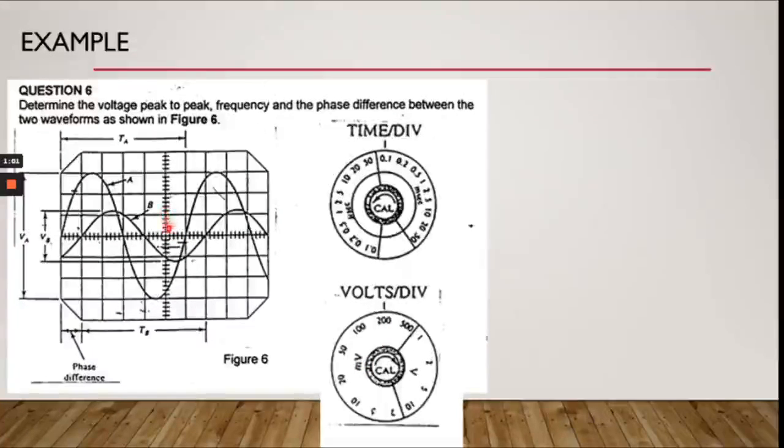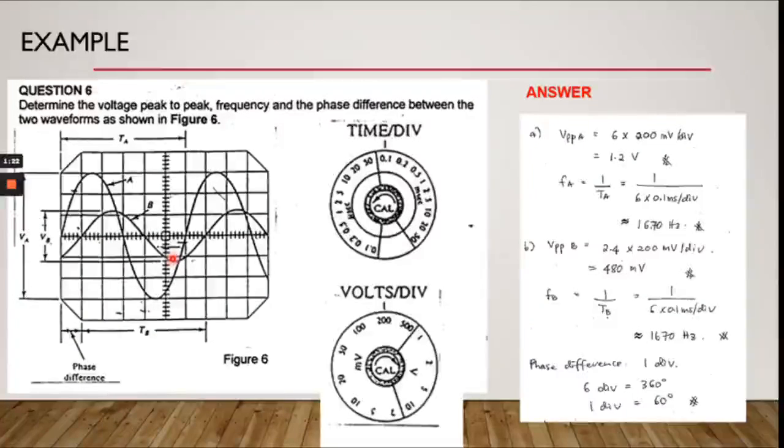So that means one box in the vertical direction is equal to 200 millivolt, while one box in the horizontal direction represents 0.1 millisecond. So by calculating the number of divisions, both vertically and horizontally, we get the following answer.